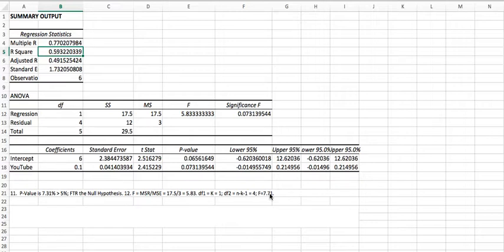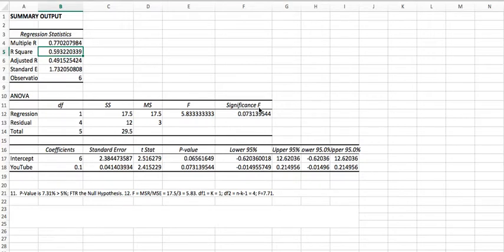From the standpoint of our p-value analysis and the F-stat, when we have one independent variable, we will come up with the same response.